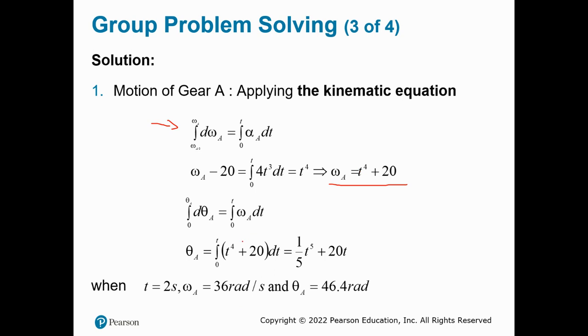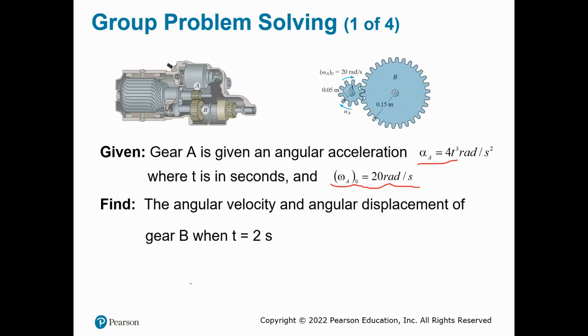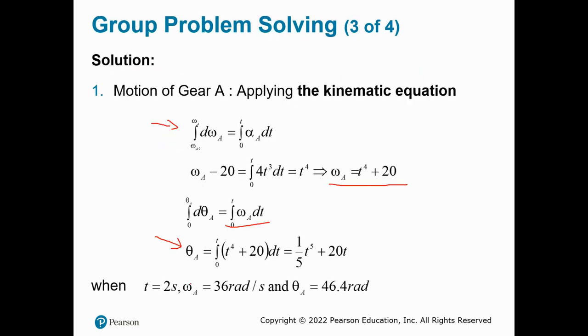And then if we take the integral of angular velocity, that will give me the position, the function of position with respect to time. Plug in 2 seconds. We're looking for 2 seconds later, what's the angular velocity and position, right? Since we get the equation, we get a function. Plug in 2 seconds, we get the angular velocity and the angular position, how much angular distance it travels.